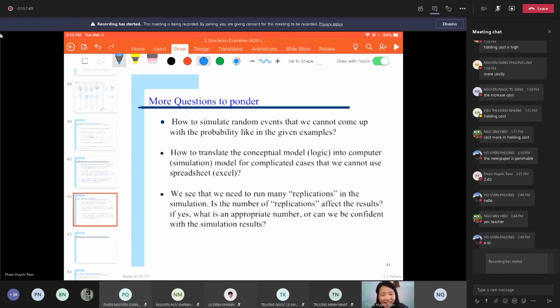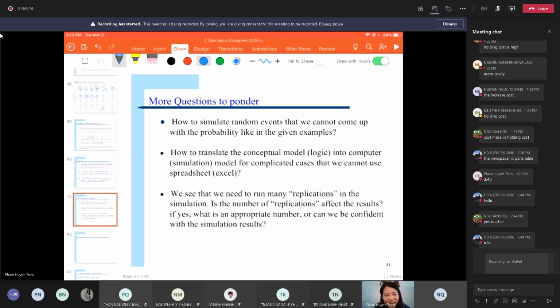But how about if the random variable doesn't take up the probability like that? Then how should you simulate it? It's not always that we come up with a nice probability distribution table like that. There will be more cases, so how would we deal with that one? We will learn that in another lesson.